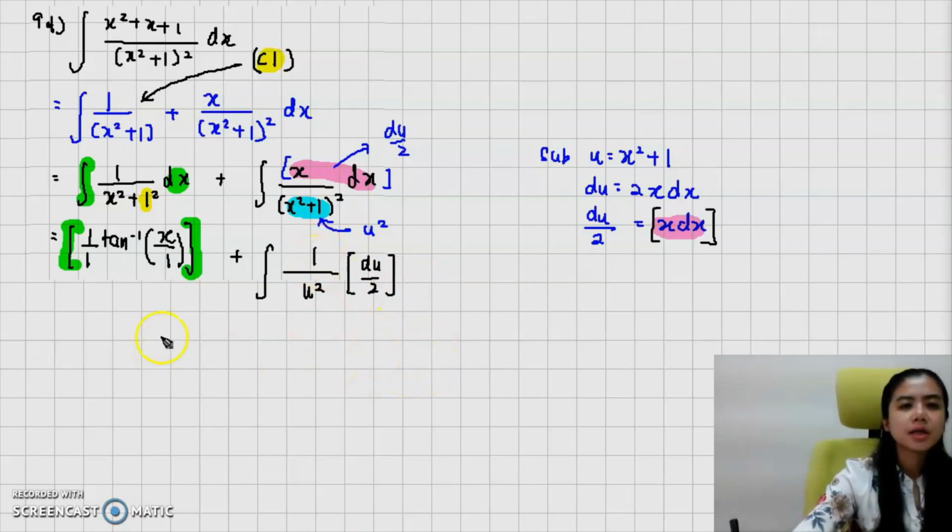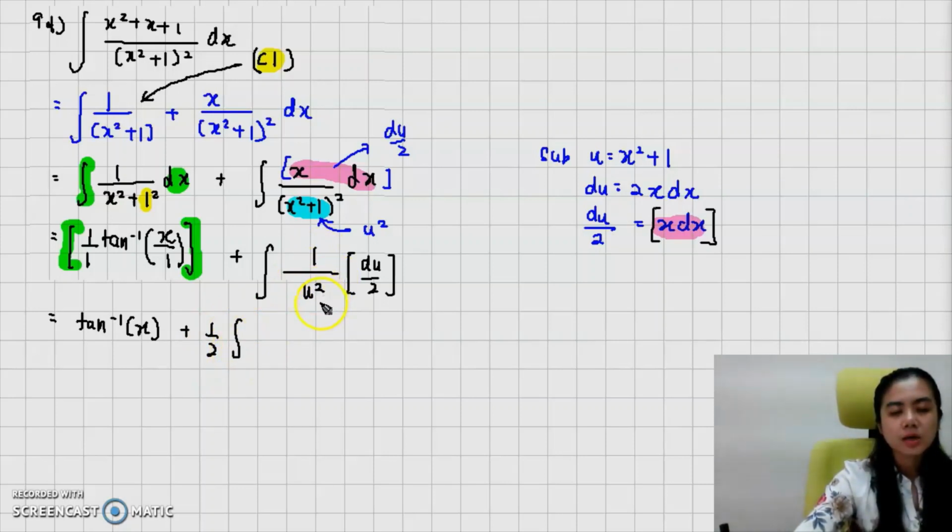This one you can simplify, and you have tangent inverse x only. You can take out the over 2, so we have 1 over 2 in front, and you have 1 over u squared, which you can change to index form, so u to the power of minus 2, correct? And integrate it.